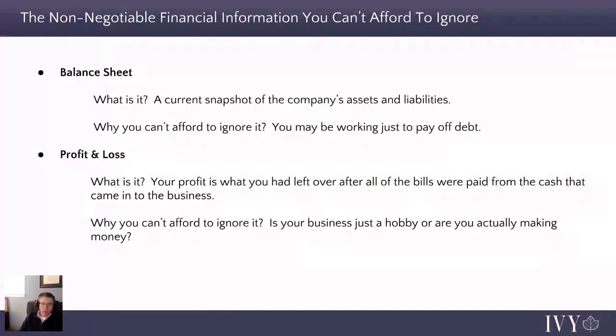Another report is the profit and loss report. It shows your profit, or it is what's left over after all the bills are paid from the cash that came into the business. Why you can't afford to ignore it. Is your business just a hobby, or are you actually making money? It's a good snapshot to show you exactly how much your profit is.